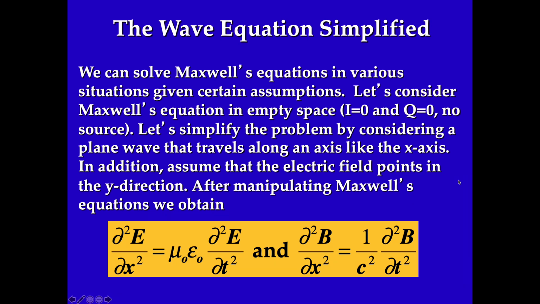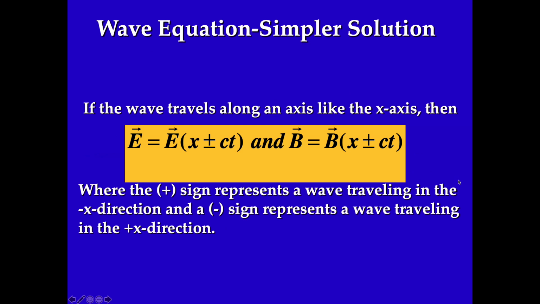But we can always just talk about the solutions. The solutions generally look like that form, where the electric field is some function of the position plus or minus the speed of light times time. Pay attention to this: the plus sign represents a wave going in the negative x direction, and the minus sign represents a wave traveling in the positive x direction.